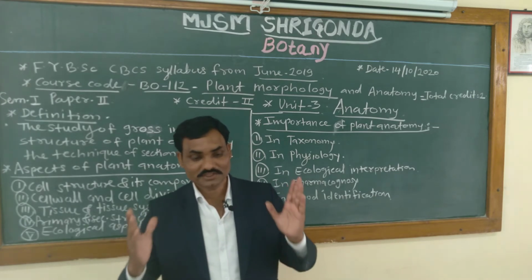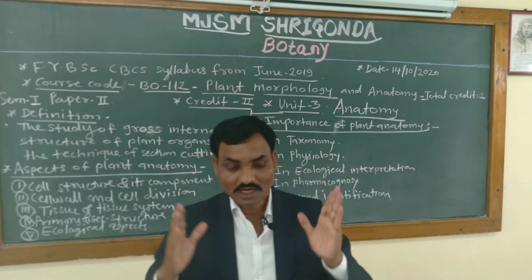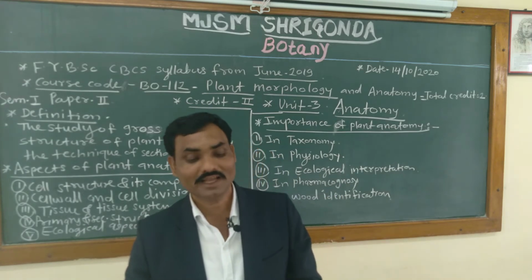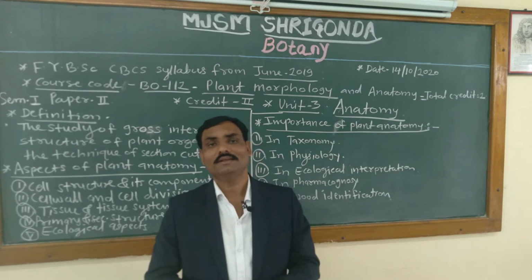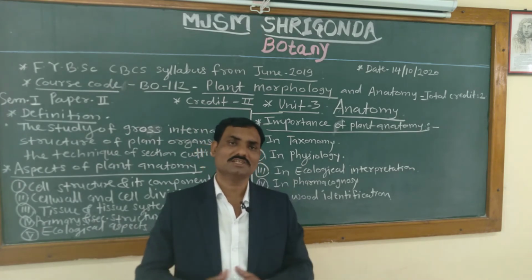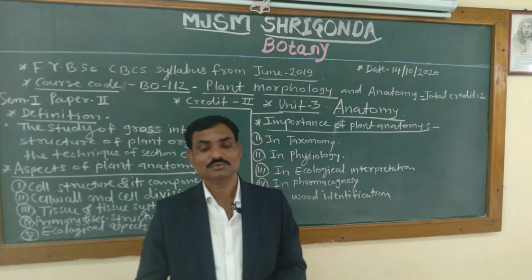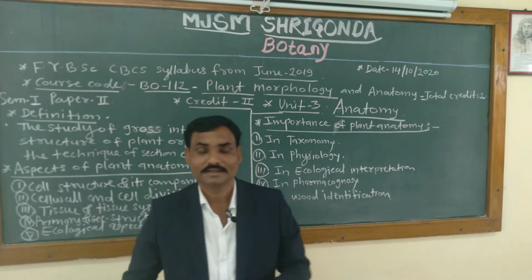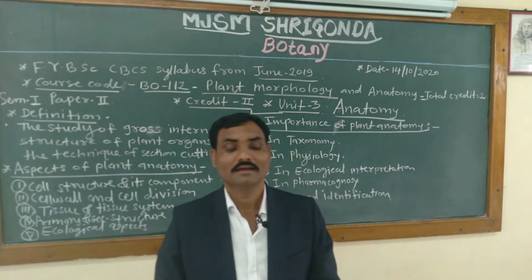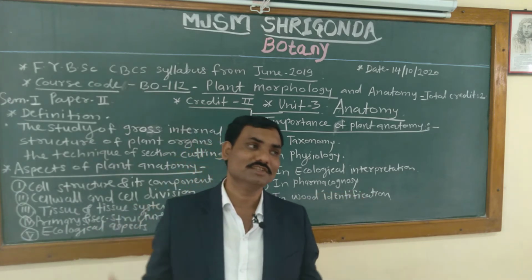If you want detailed studies of elements and tissues in the plant, it helps to understand better. When we study the anatomical structure of any plant organ, we understand its functions better, and also the tissues and adaptations of that plant in different environmental conditions.